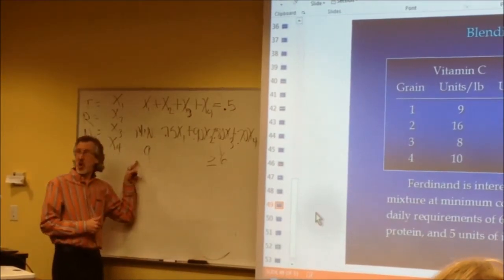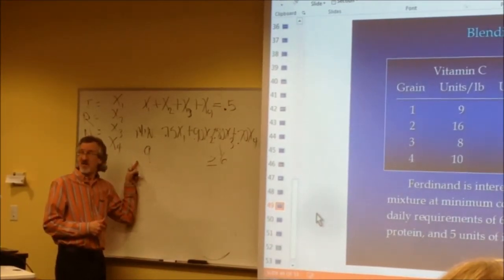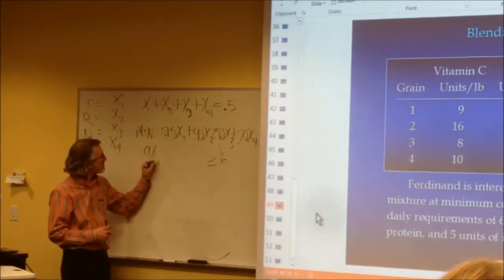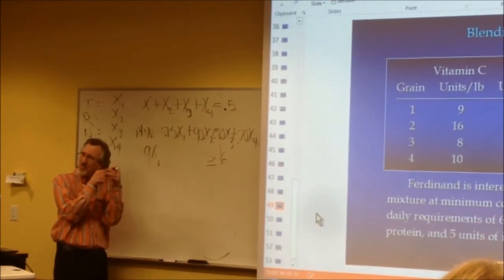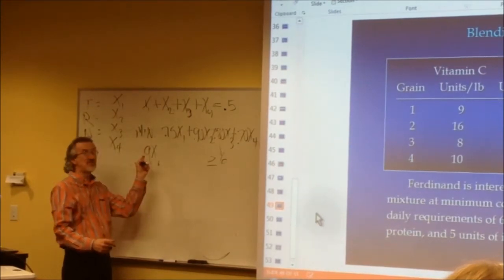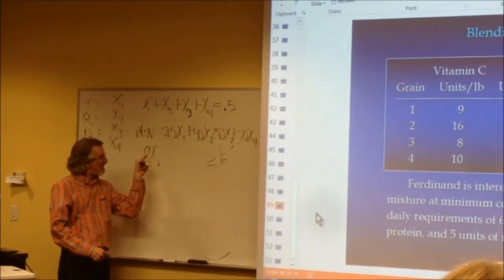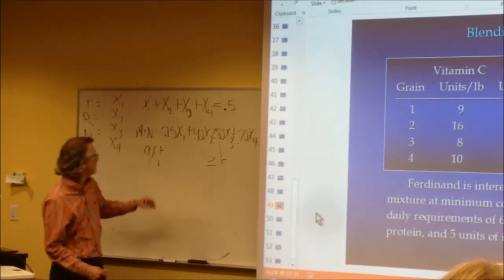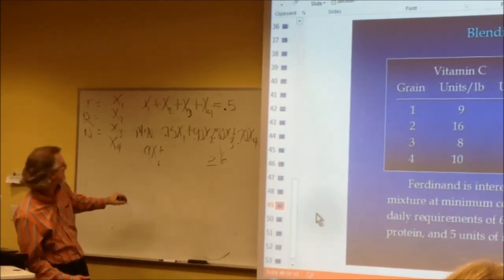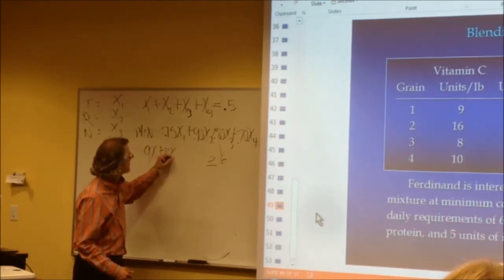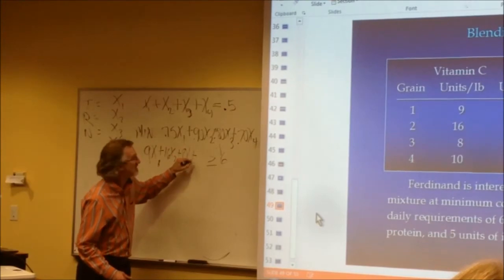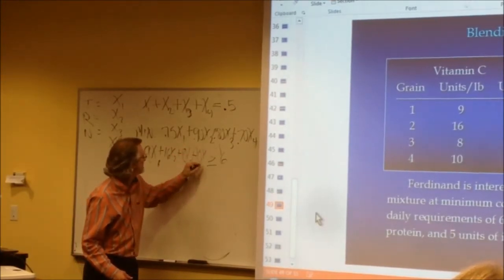If we put a whole pound of X1 in, there'll be 9 units of vitamin C. But we're not. This X1 represents that small amount we are putting in times 9 units. It's going to be a percent of that, a very small amount of 9 units. How many would we get out of 2? 16? 16 times X2 plus 8 times X3 plus 10 times X4.